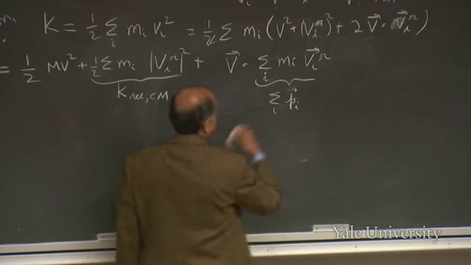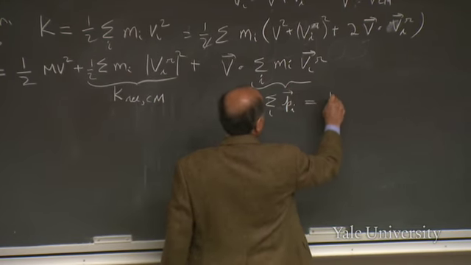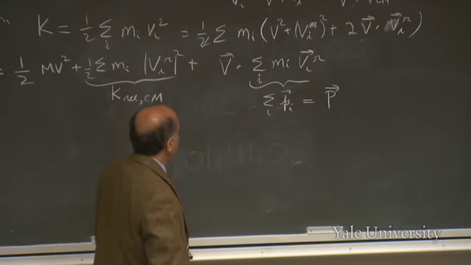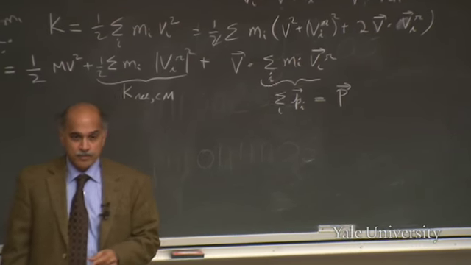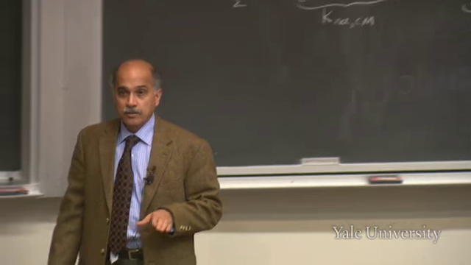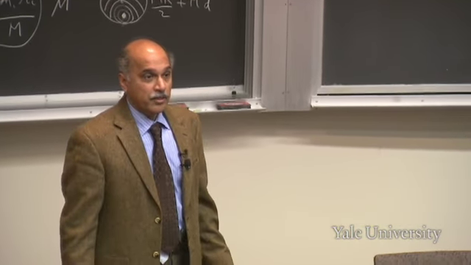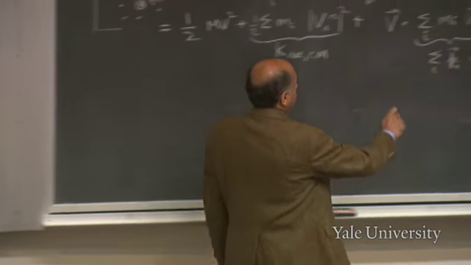But if you go back to your notes, you'll find the sum of the momenta of all the particles is the momentum of the center of mass. But it's the momentum of the center of mass as measured by a person co-moving with the center of mass. So what will that person get? They will get 0. That's the same trick as before. For that reason, this vanishes.